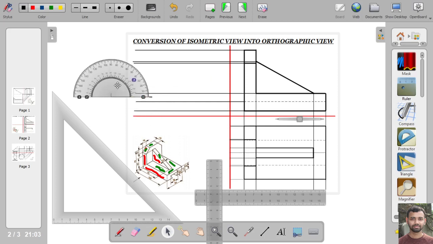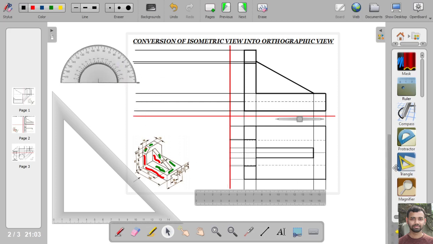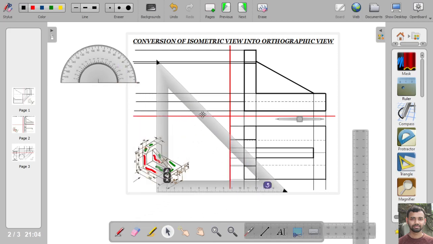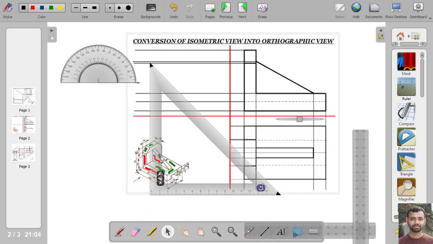So we will take help of a 45-degree set square.